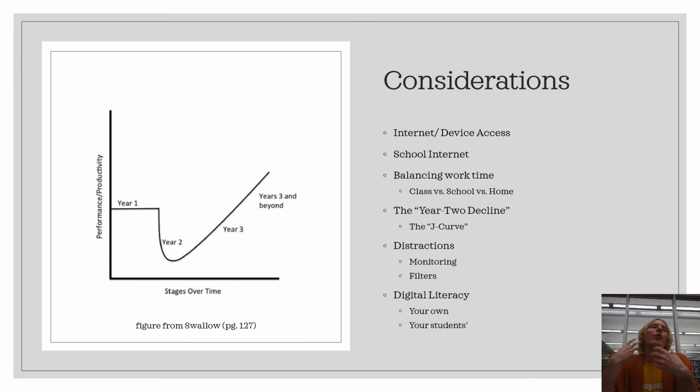Like, your students might not know how to use their phone without going on Twitter every 5 minutes. I struggle with this sometimes, often. I was being too kind to myself there. And so teaching that digital literacy on top of all your other responsibilities, it can be a lot, I will admit. But I think that that's an important thing too.